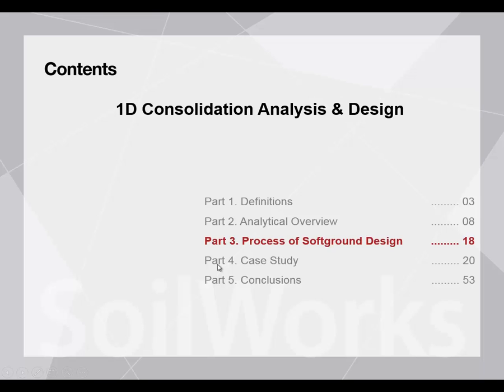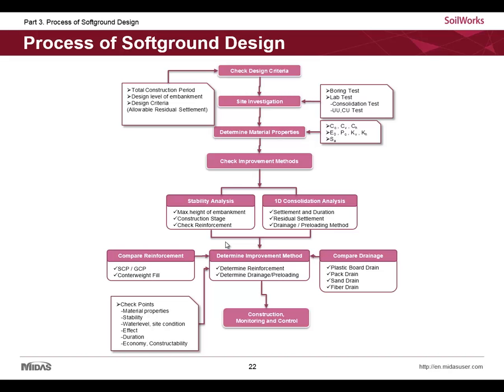Okay, let's go on to more practical issues. Following is the design process of soft ground. First of all, we have to check the design criteria such as total construction period, final level of embankment, and allowable residual settlement.